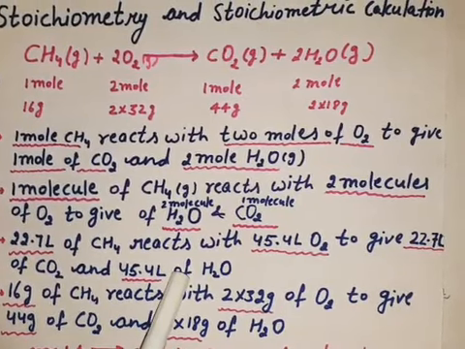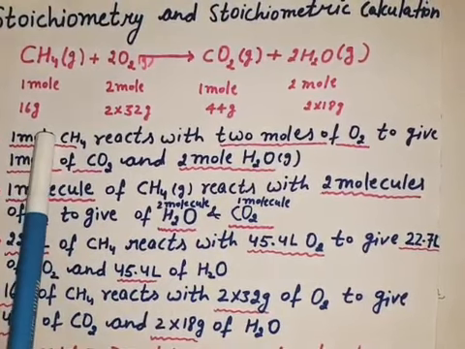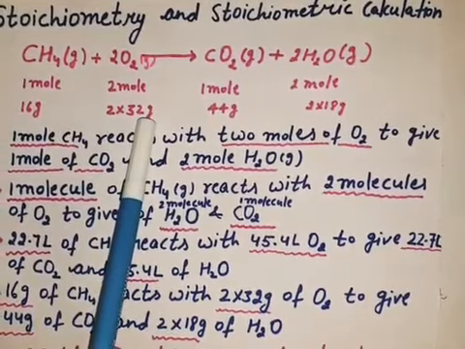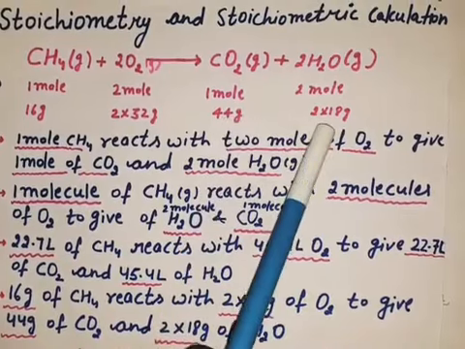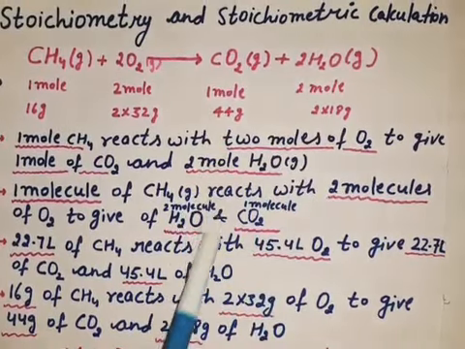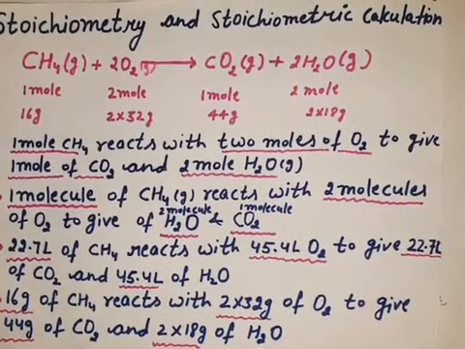Next, when 16 gram of methane reacts with 64 gram of oxygen, it will give 44 gram of carbon dioxide and 36 gram of water. So these are the ways by which you can explain any chemical equation.